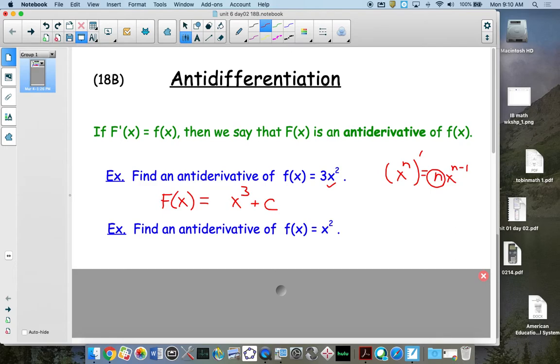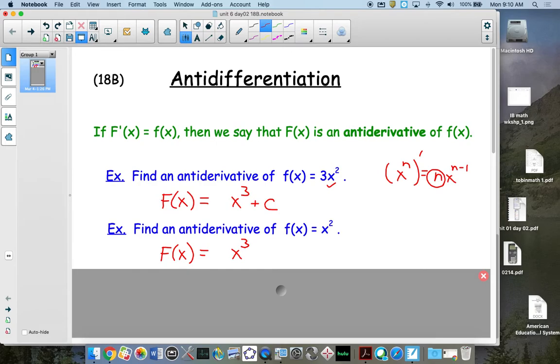Find an antiderivative of f of x equals x squared. Okay, so we've got f of x. Now, the derivative is an x squared, which means that originally it had to be an x cubed, because I add 1 to the exponent. But if I take the derivative of x cubed, I get 3x squared.